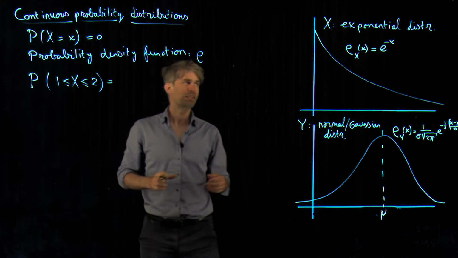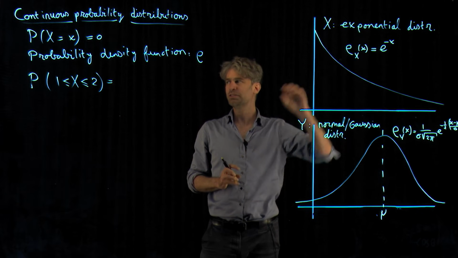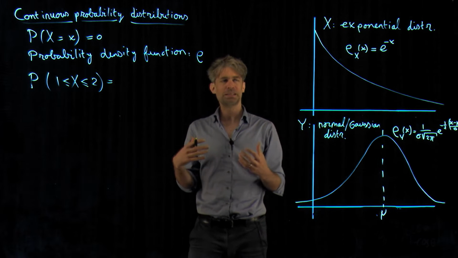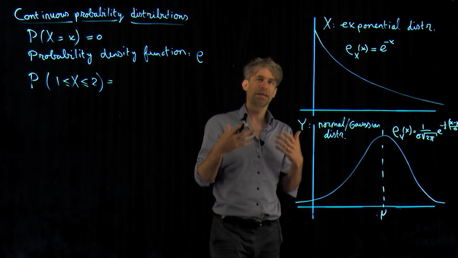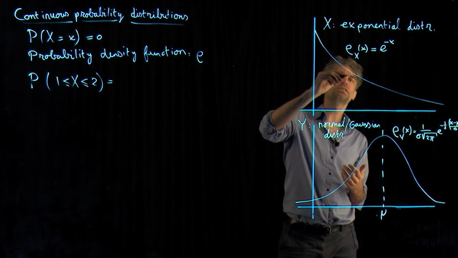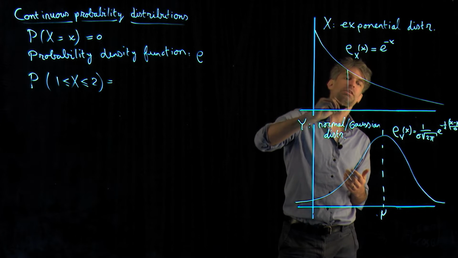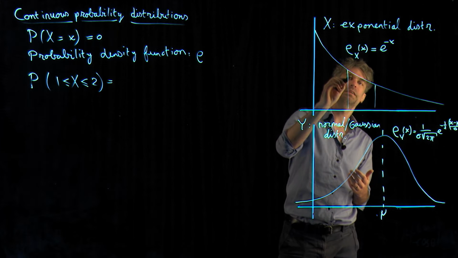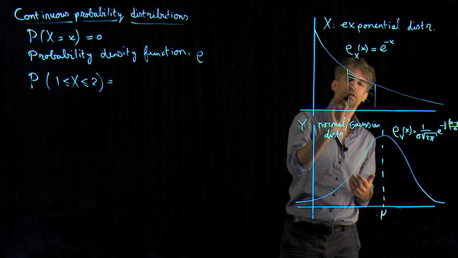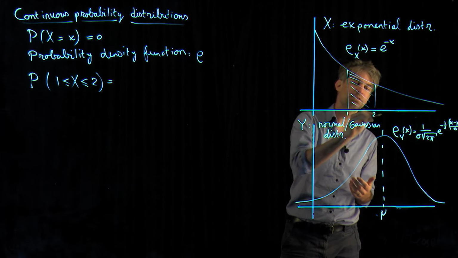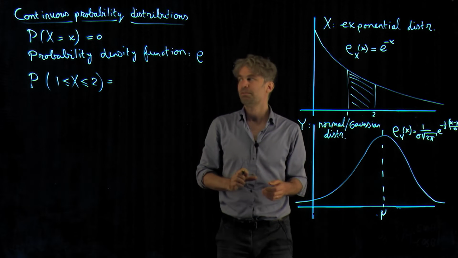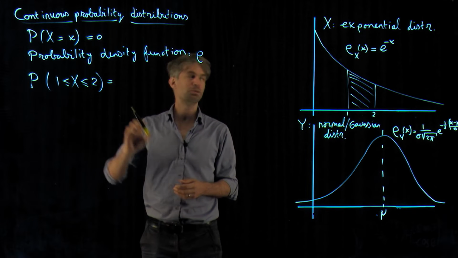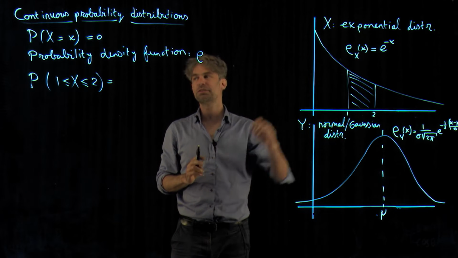And now comes in this probability density function, because the probabilities are computed by computing the area under the graph of this density function. So if this is 1 and this is 2, the probability of waiting between 1 and 2 quarter hours is the area under the graph like this.